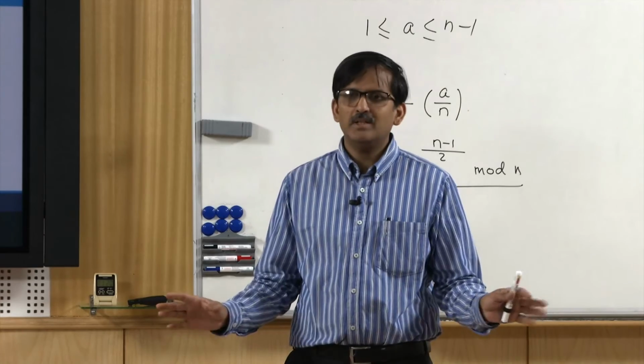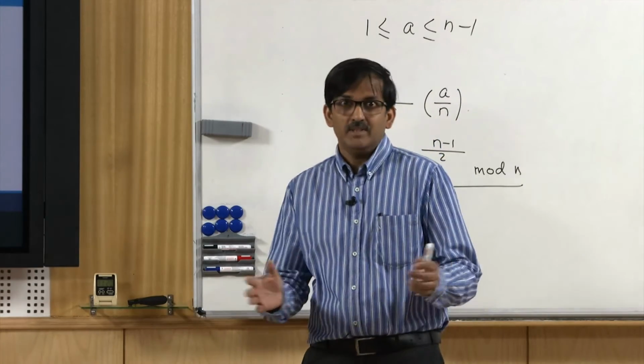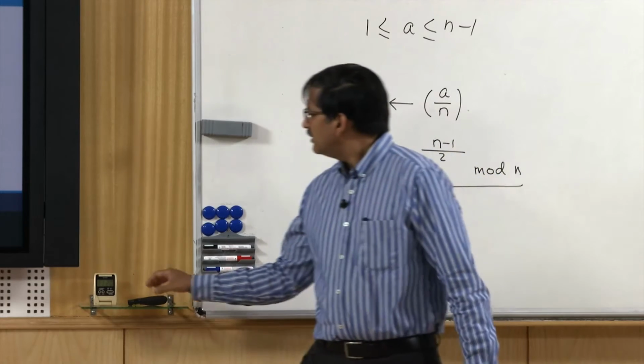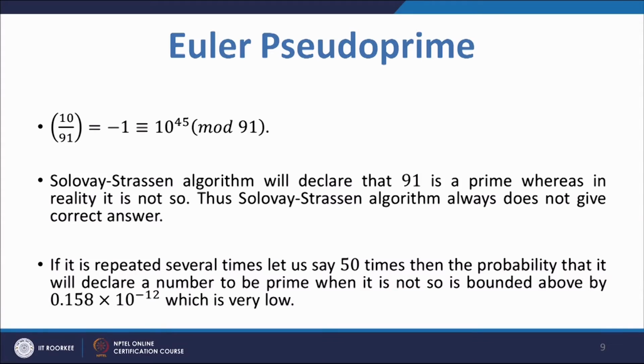I know that 91 is not a prime, but anyway suppose we are checking, and suppose we are using Solovay-Strassen algorithm, which we have seen just before this. All right. So, what we do? The first thing that we should do is to calculate the Jacobi symbol. Let us try to calculate the Jacobi symbol.